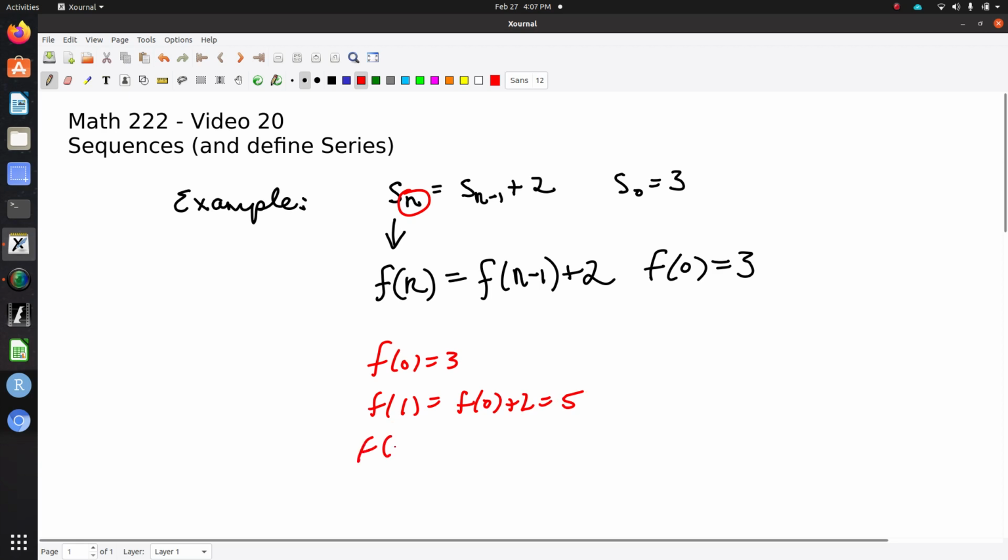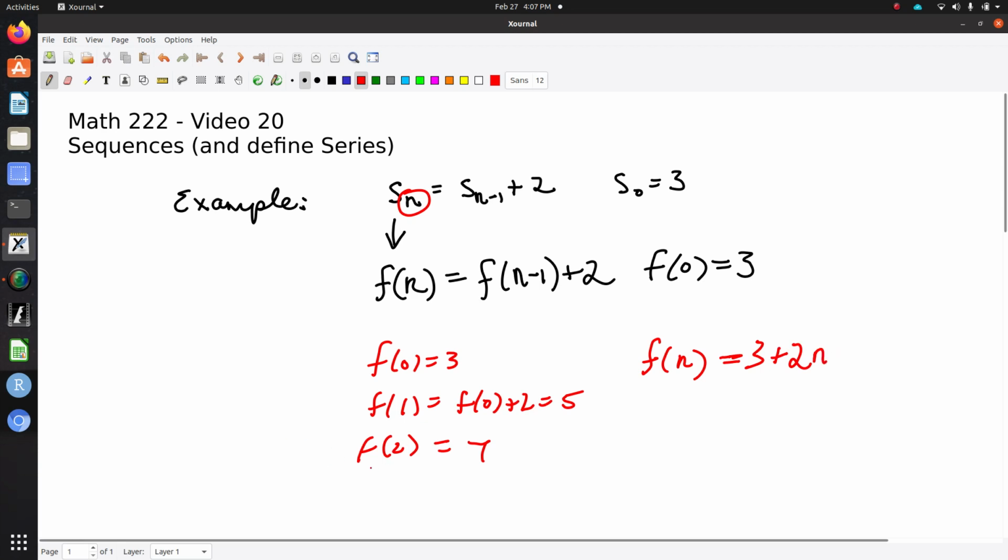And pretty soon you're going to figure out that it's just stepping by 2, stepping by 2, stepping by 2. And finally, you're going to say, okay, how can I write this in a cleaner way? You can use an x or an n, whatever you like. f of n is equal to 3 plus 2 times n, right?